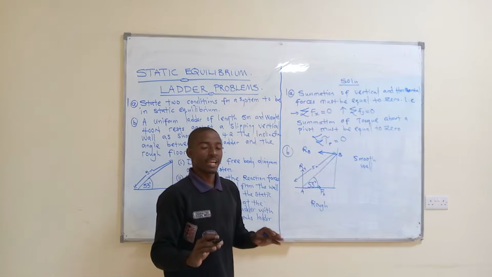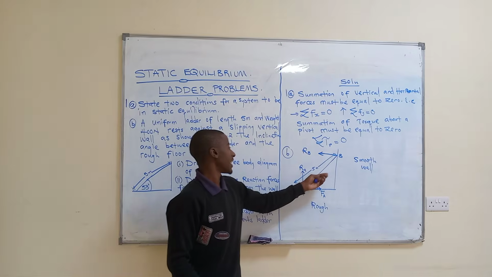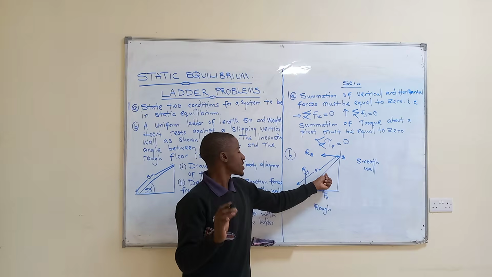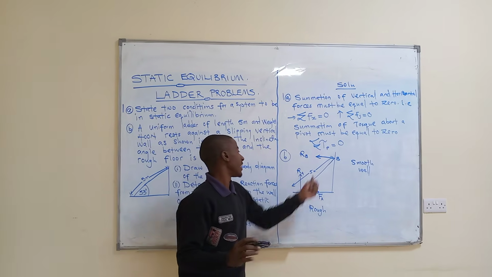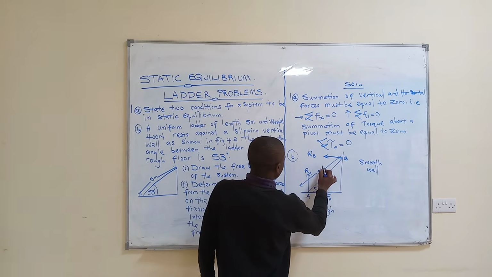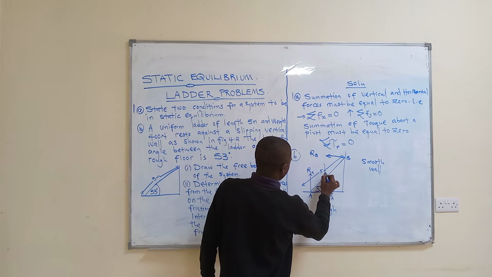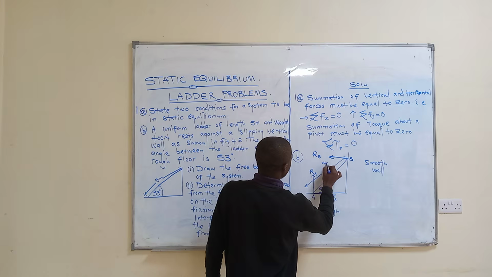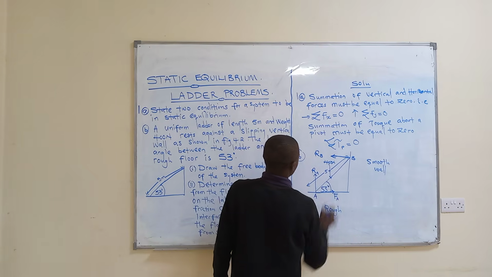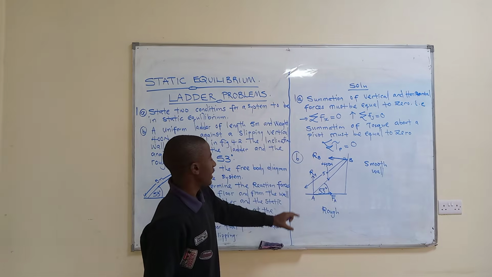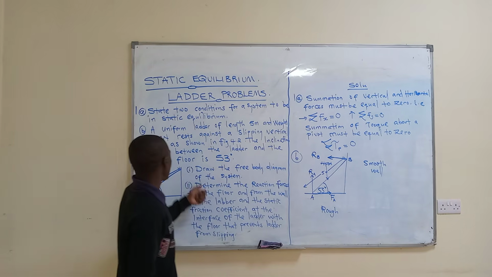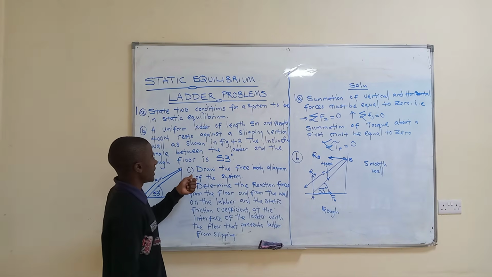The weight of the ladder always acts at the center, because the center of mass is where the weight is concentrated. So there must be a weight force pointing downward at the center, which is 400 Newton. So this is the free body diagram, which simply means that we have answered question B1.